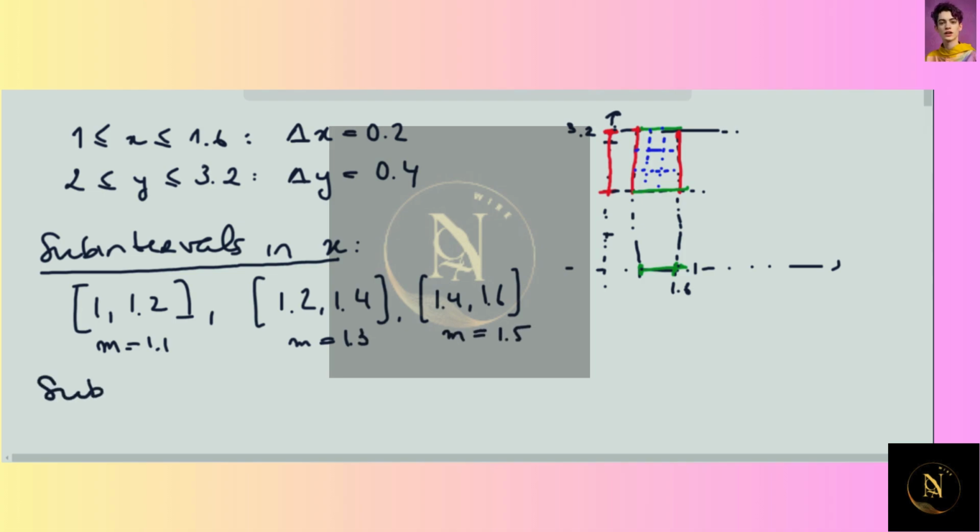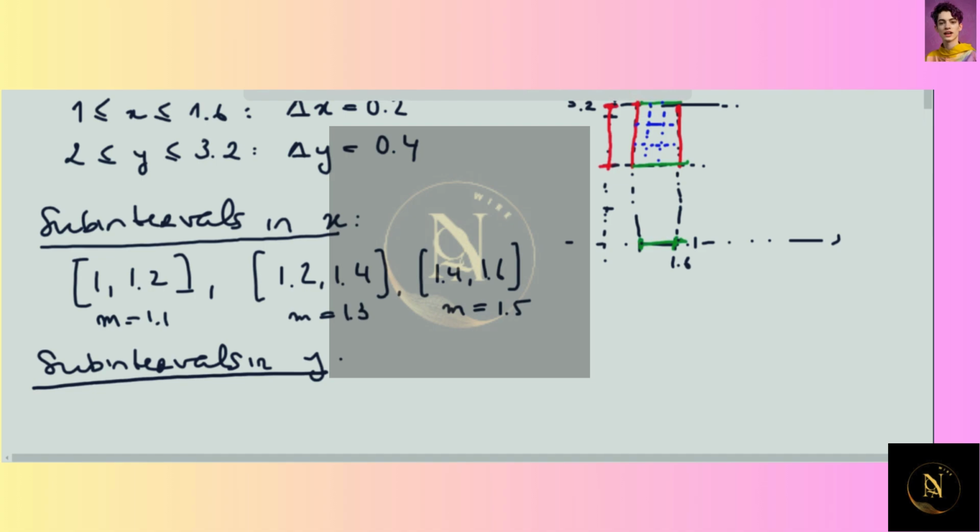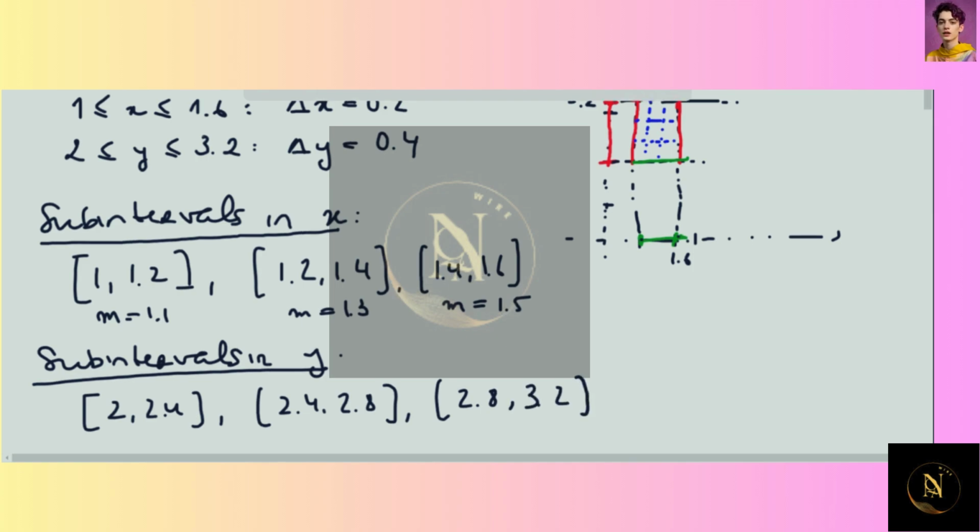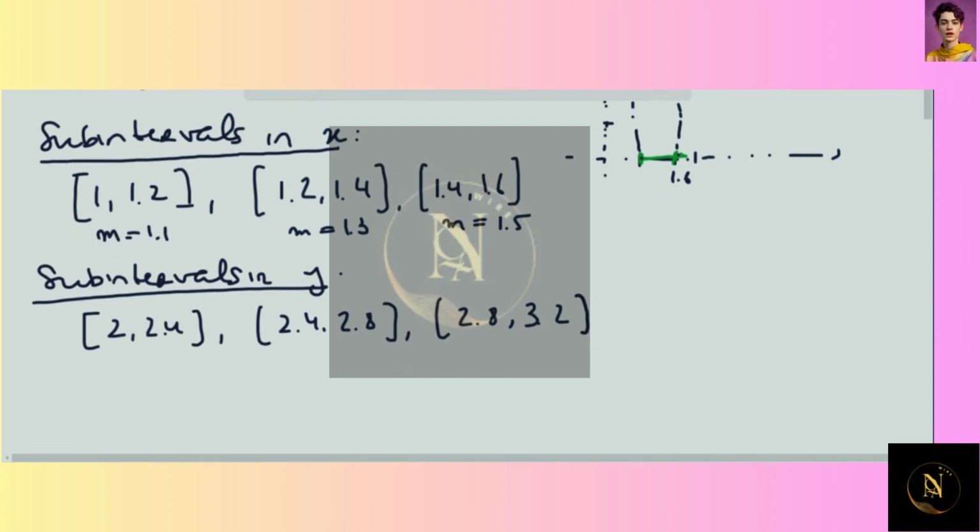And the subintervals in y, let's just do the similar calculation. So this will be 2 to 2.4, then 2.4 to 2.8, and then 2.8 to 3.2. And our midpoints here will then be 2.2.